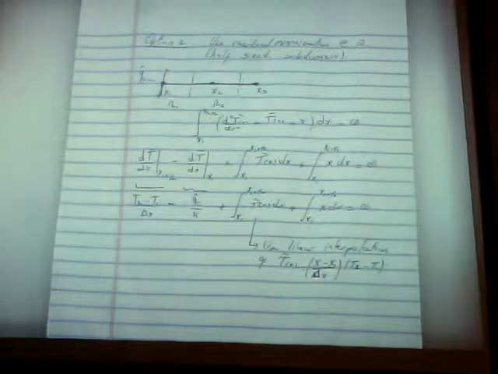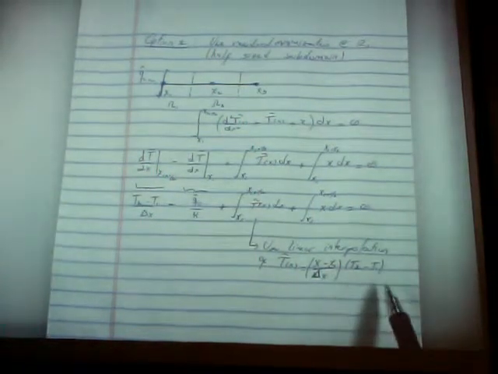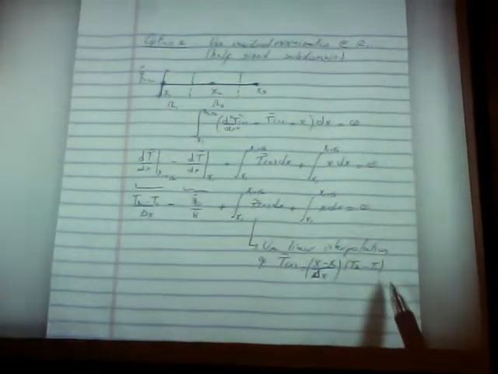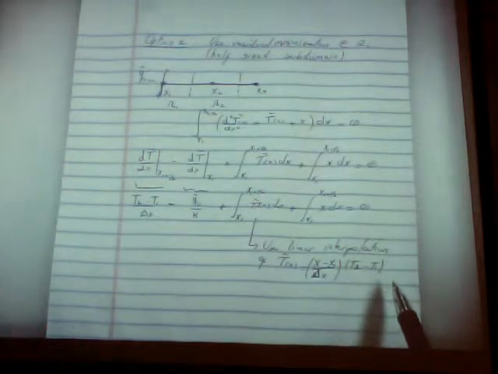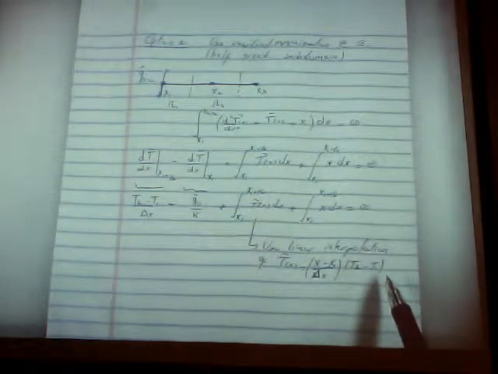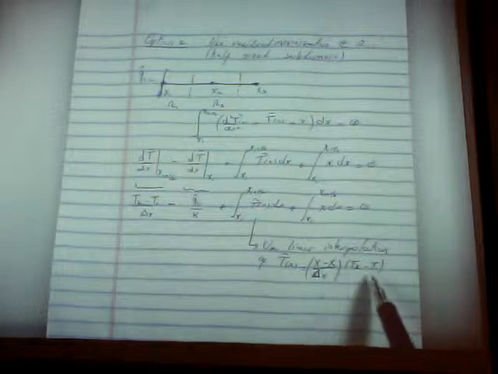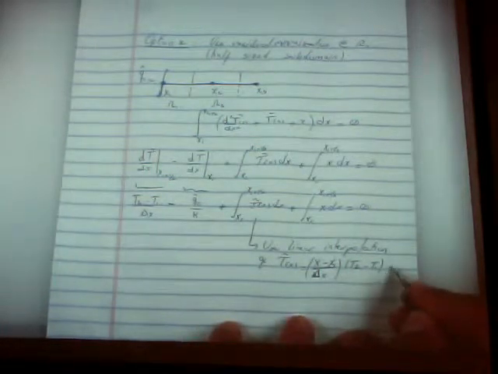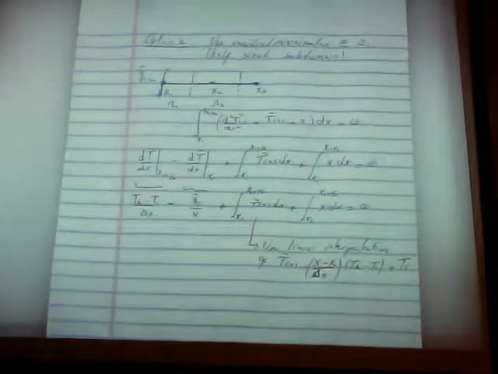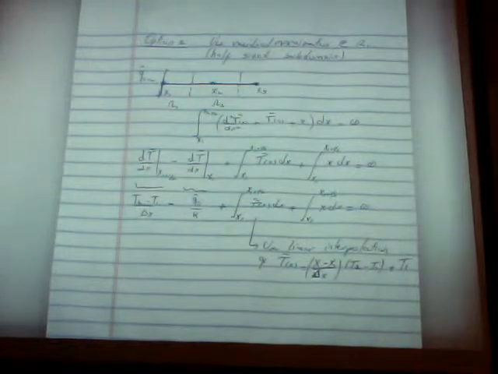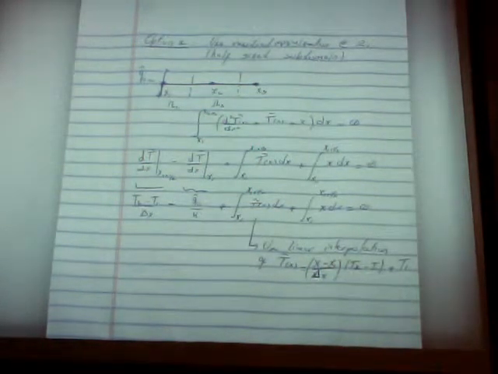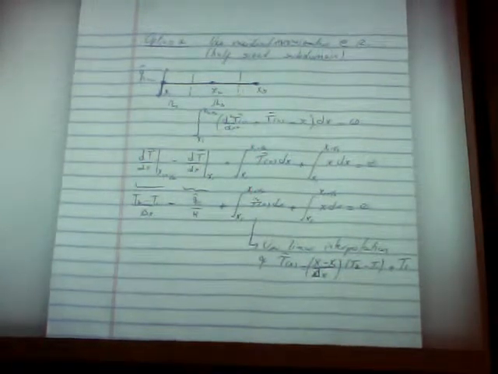And x is equal to x1. This is 0. And x is equal to x2, I get t2 plus t1. So we integrate that.